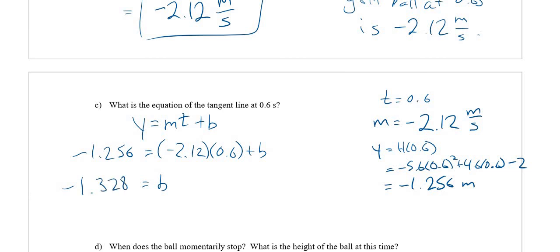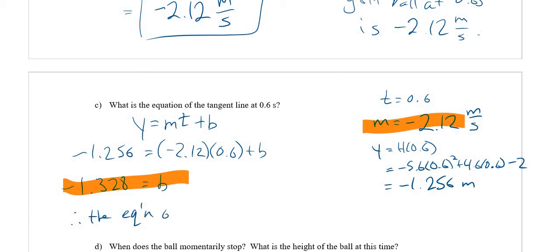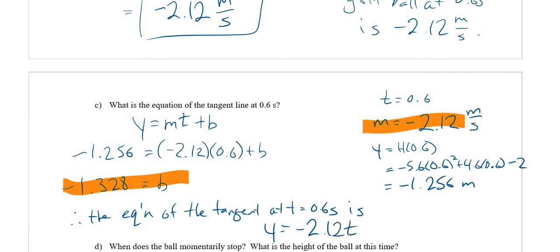So now we have the slope and the y-intercept, we have enough to make the equation of a line. So therefore, the equation of the tangent at t equals 0.6 seconds is y equals mx plus b, so negative 2.12 times t minus 1.328.